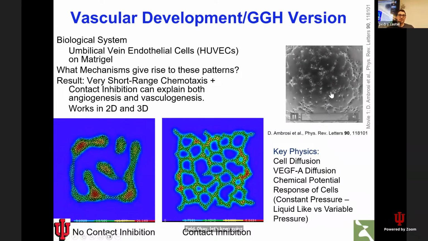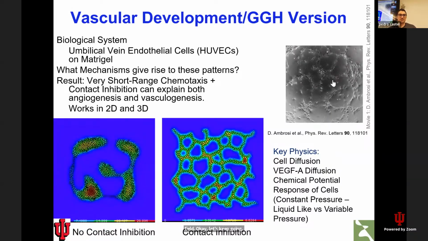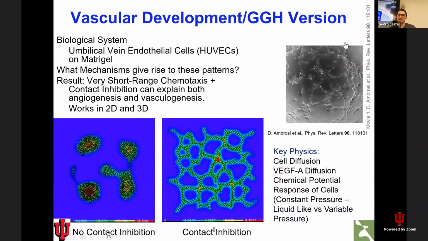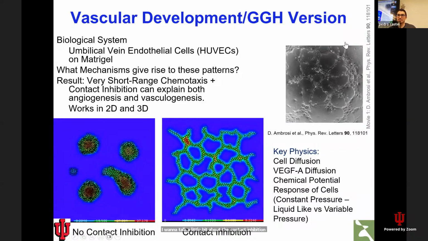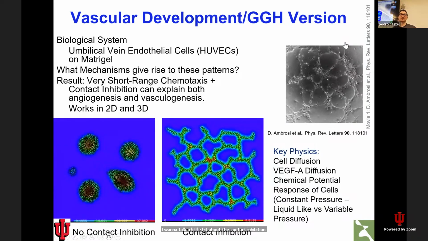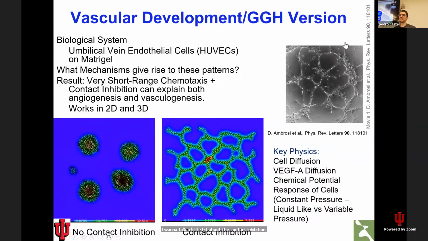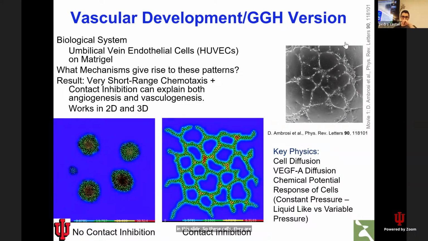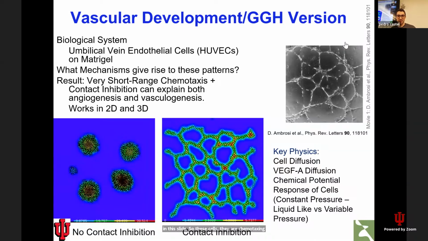I want to talk a little bit about contact inhibition in this slide. These cells are chemotaxing. If they reach contact with another endothelial cell and keep pulling themselves together, you get those big blobs on the left.